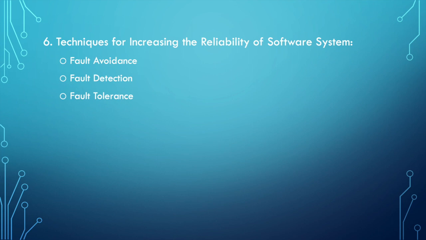So fault detection is another way to increase reliability of a software system. Detect that deadlock has occurred, then you solve it, not anticipate all kinds of deadlock that could occur and try to have fault avoidance.